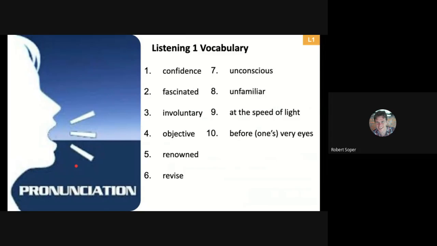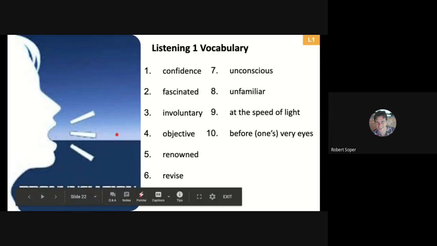Number 7, unconscious. Number 8, unfamiliar. Number 9, at the speed of light. And number 10, before one's very eyes.